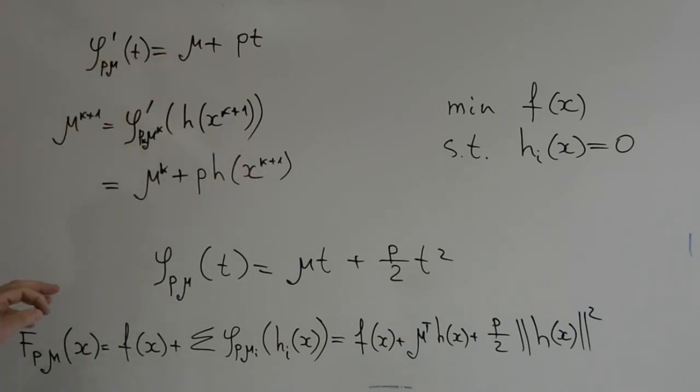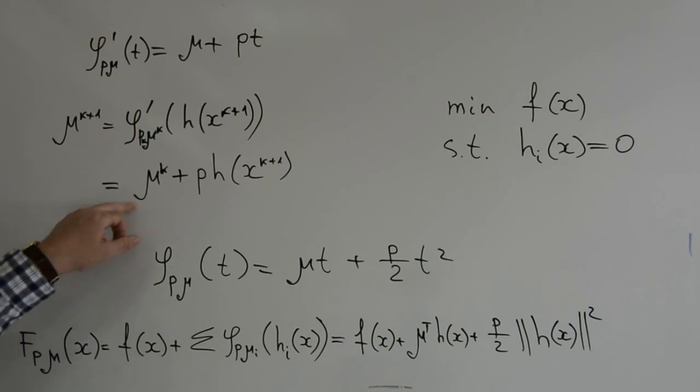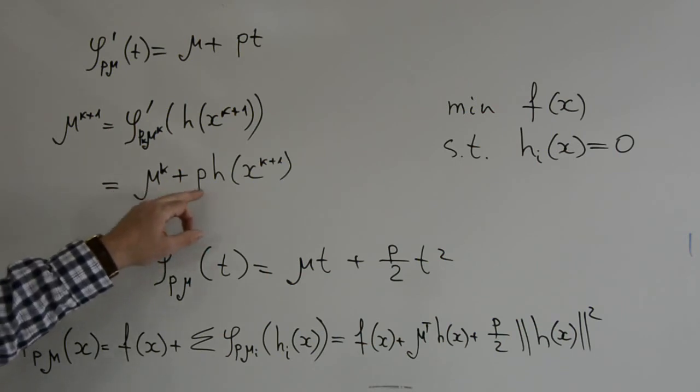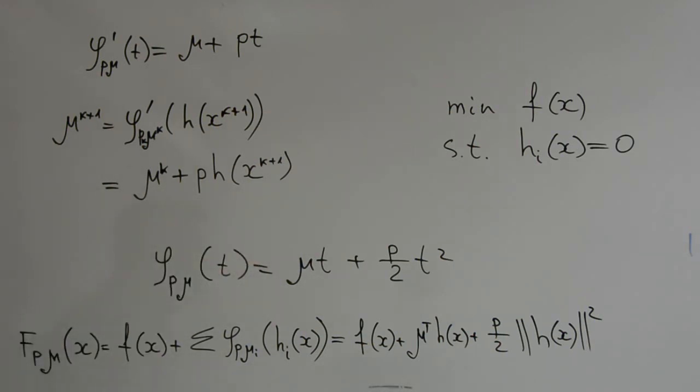And when we substitute, we get a very simple formula: it is just our previous multiplier plus the penalty parameter multiplied by the value of the constraint. And this is a very simple and attractive algorithm, and it is very popular recently in many application areas.